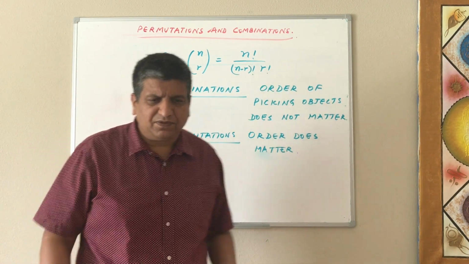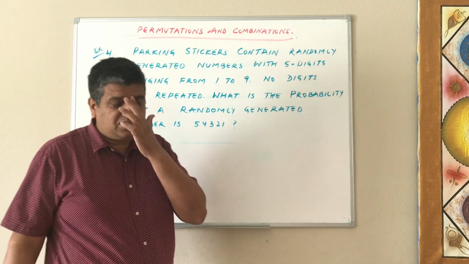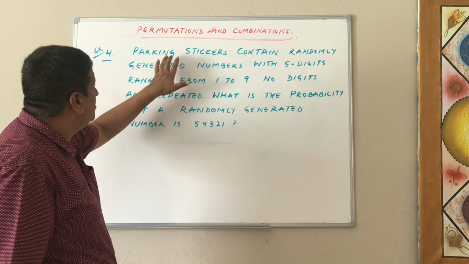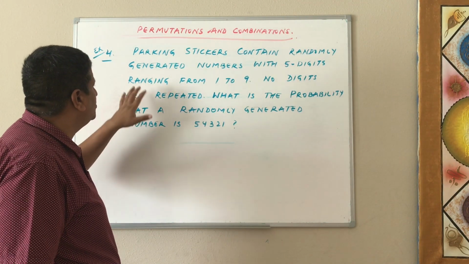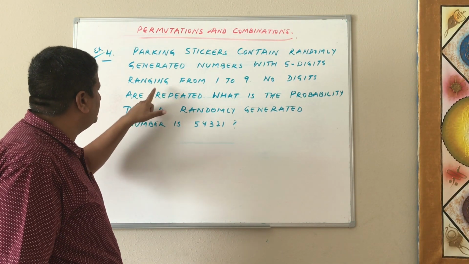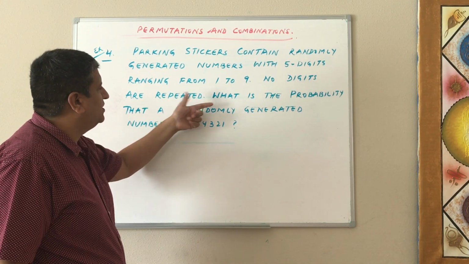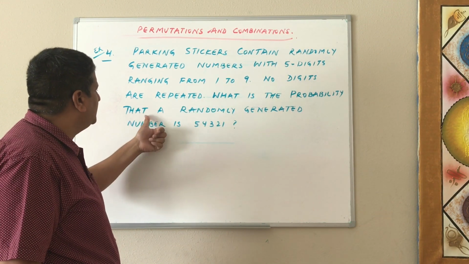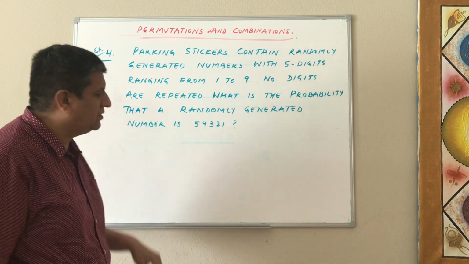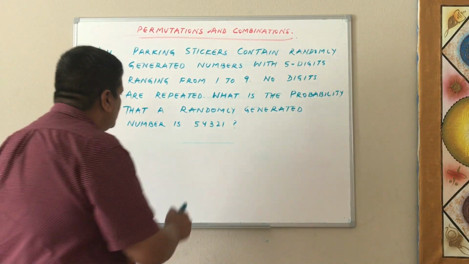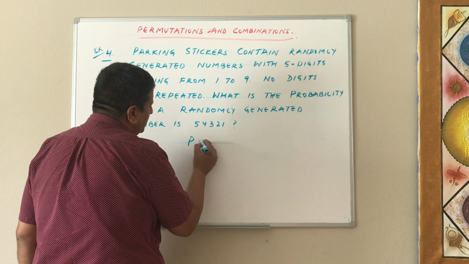So let's do a couple of questions. Here is one question that a student asked. Parking stickers contain randomly generated numbers with 5 digits ranging from 1 through 9. No digits are repeated. What is the probability that a randomly generated number is 5, 4, 3, 2, 1? So here is our probability formula.